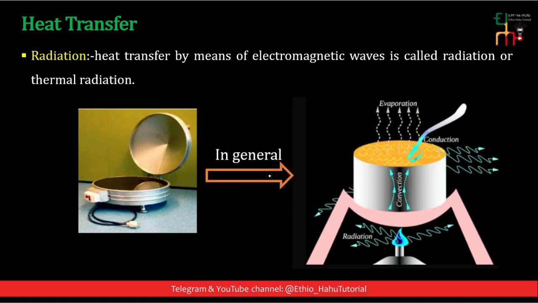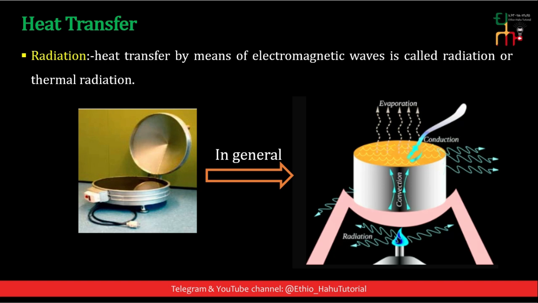In general, let's consider this system. When this system gets heat from the external heat source, we have different mechanisms of heat transfer. One, if we touch the system with a certain conductor, after some time heat energy will reach our hands, and this is known as conduction heat transfer.